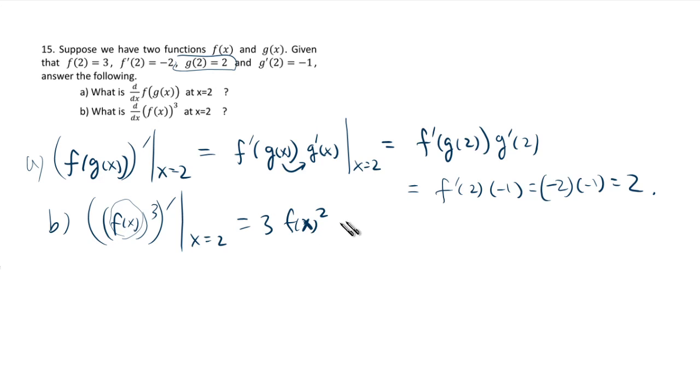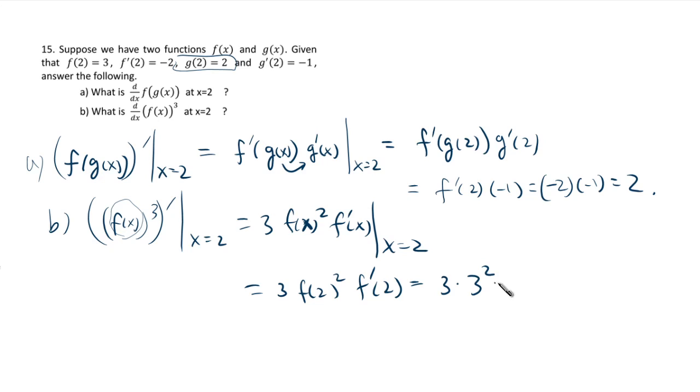And then you multiply by the derivative. And then you have to plug in x equals 2. So that's 3 times f of 2 squared times f prime of 2, which is 3 times f of 2 is 3 squared. F prime of 2 is negative 2. So that's 27 times negative 2, that's negative 54.